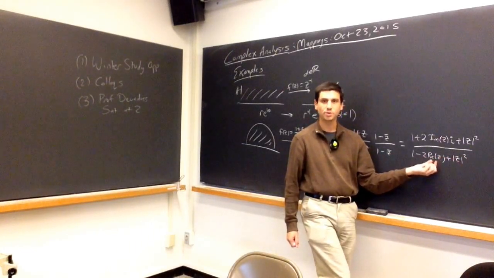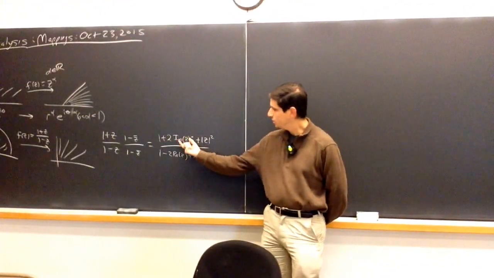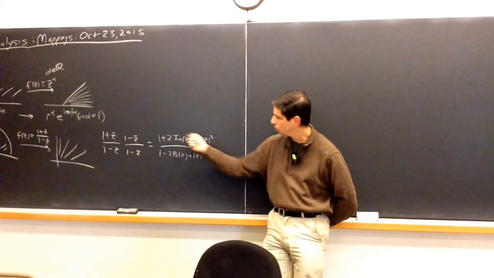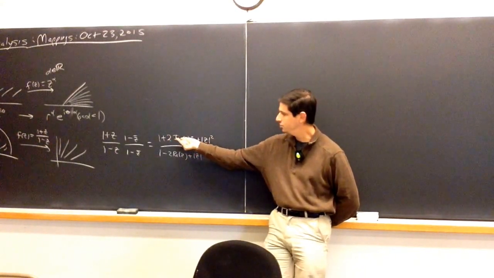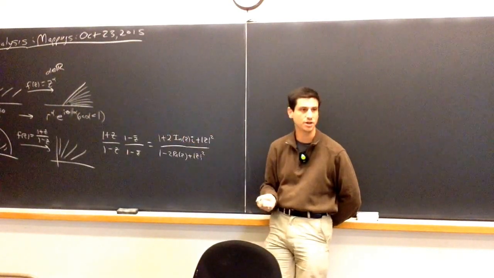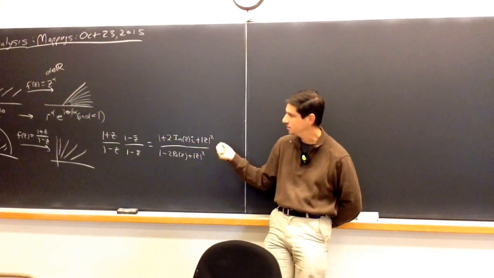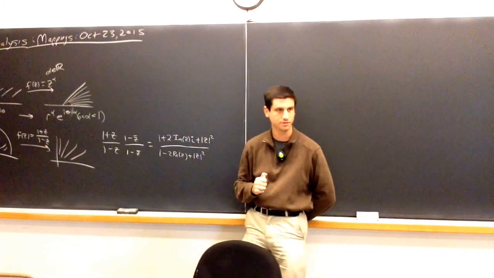So the denominator will be positive. Because the denominator is positive, we can just read off the real part. It's 1 + |z|², that's going to be a positive number. And 2 times the imaginary part of z, well, the imaginary part of z is positive. So this is going to be in the upper half plane, and in fact, it's going to be in the upper right quadrant.